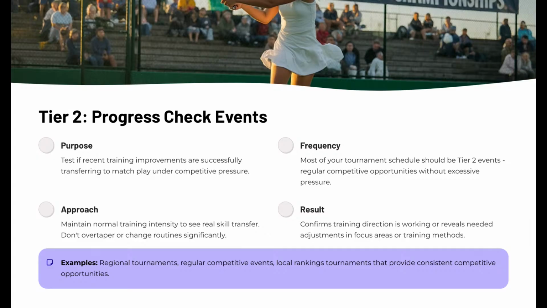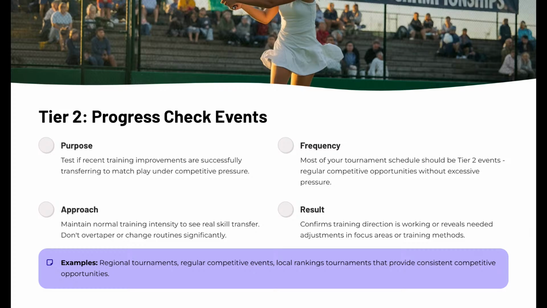And yeah, I would say that these are the bulk of the tournaments that you're going to play. So if you're somebody who plays 2 tournaments a month, so 24 tournaments a year, I would say that probably 16 or so of your tournaments are probably these tier 2s.